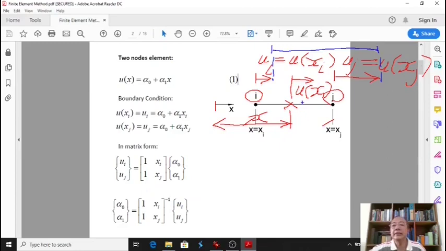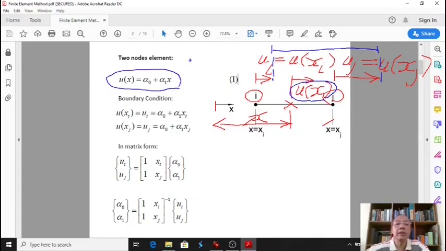The problem is, what is u of x? In finite element, u of x we need to approximate by using a polynomial.